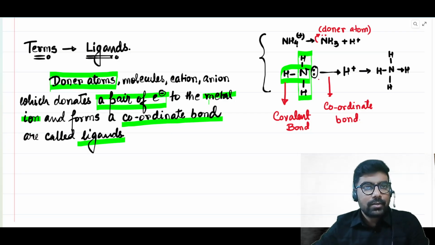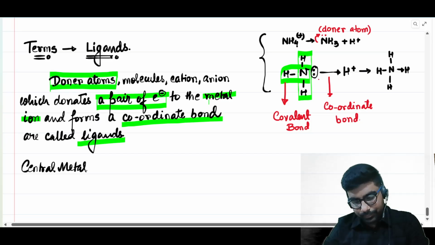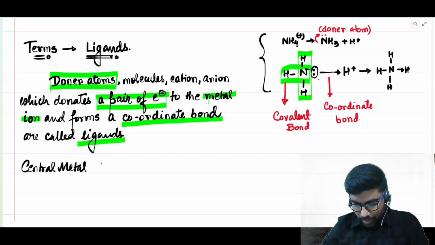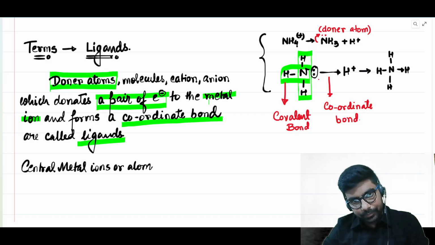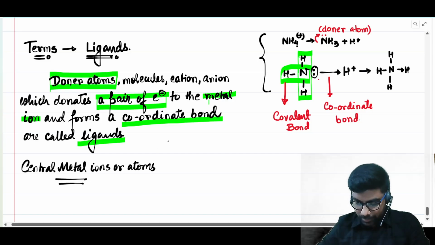Now the next is central metal ions or atoms. What are these? Central metal atoms.